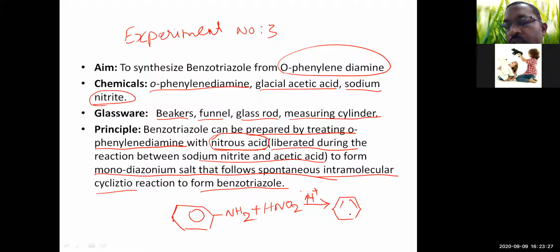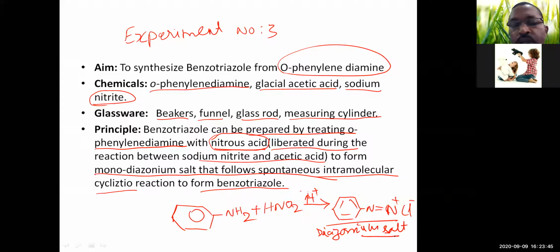So this is N double bond N plus and Cl minus. This is called diazonium chloride, or diazonium salt.